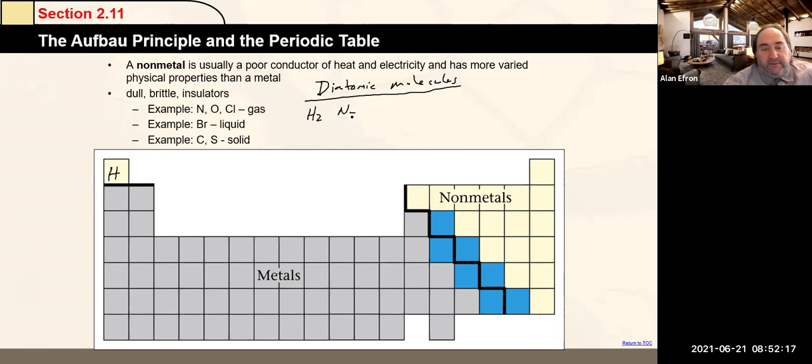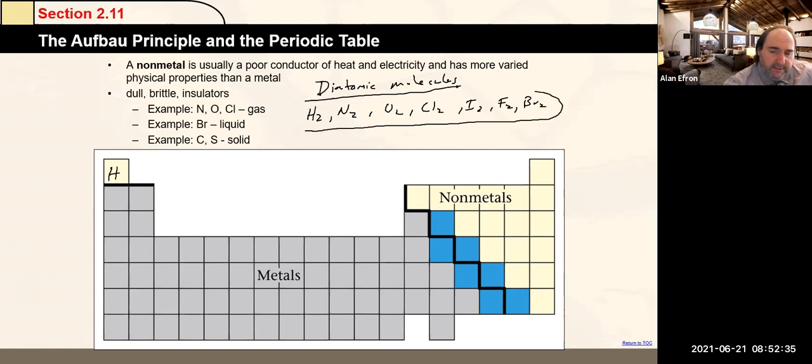Nitrogen is N2. Oxygen is O2, Cl2, I2, F2, Br2. So these guys are diatomic molecules because they come as twos. You have two hydrogens together, two nitrogens together, and so forth.